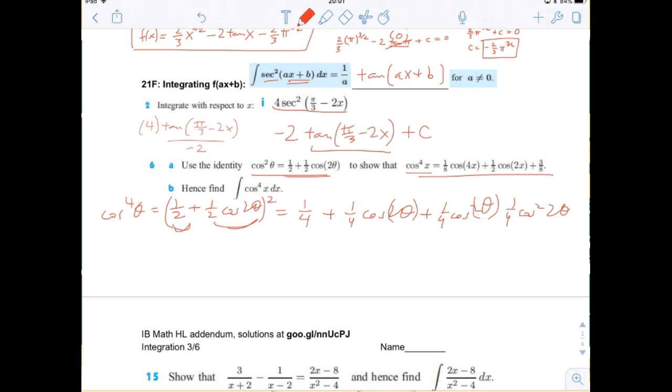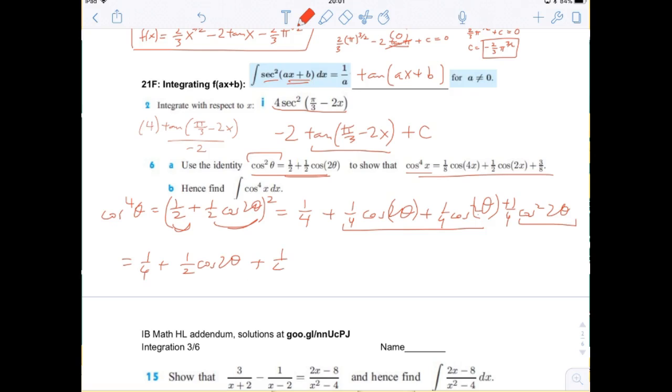And so we could combine these two like terms, right? So we'll have 1/4 plus 1/2, because 1/4 plus 1/4 is 1/2, cosine 2 theta. Oops, and this is also a plus, right? Plus 1/4 cosine squared 2 theta. Oh, but look, cosine squared 2 theta, I know an identity for cosine squared 2 theta.